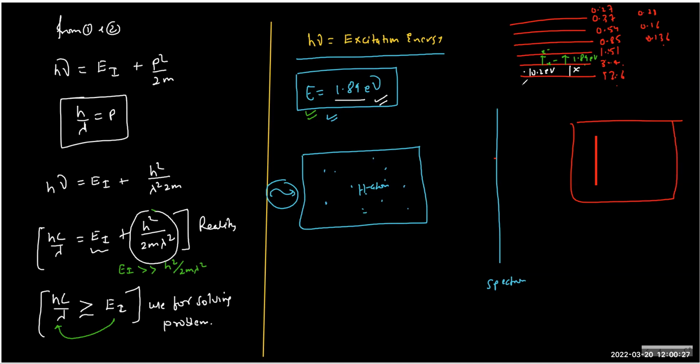So now the question is simple. This photon is being absorbed by the H atom chamber. It means in this sample, can we say that we have the H atom already in the first excited state? Yes or no?